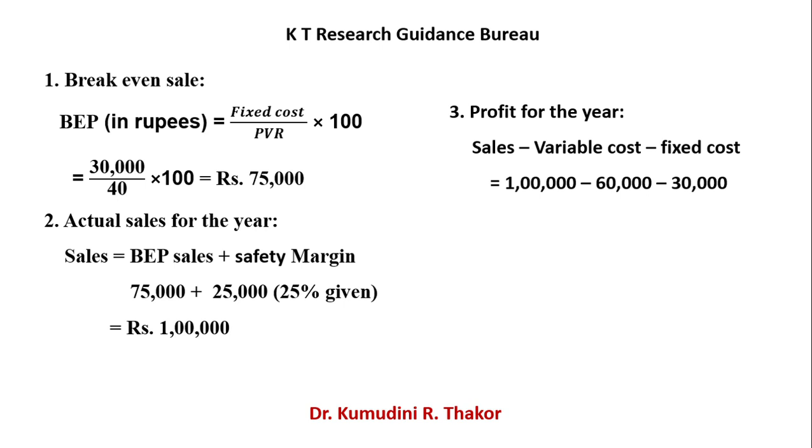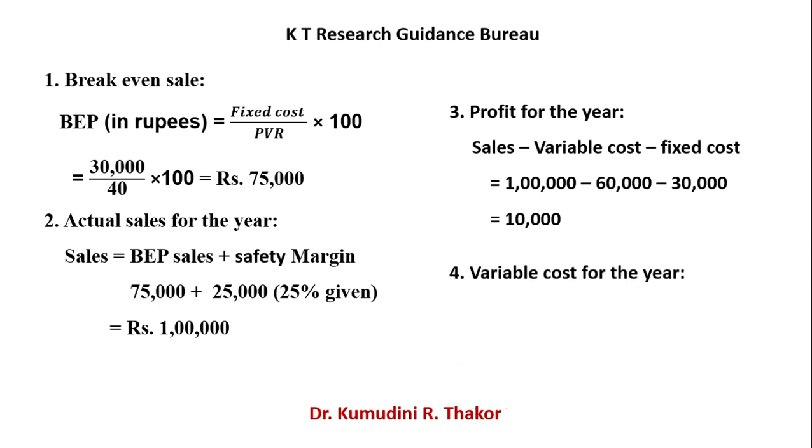So cost is 60%. So 60% of 1 lakh is equal to 60,000 and your fixed cost is already given, that is 30,000. So profit is equal to sales minus variable cost minus fixed cost. 1 lakh minus 60,000 minus 30,000. So your answer is 10,000. It is easy to understand, so you can understand very easily.